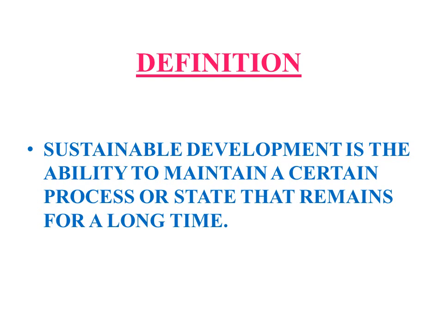Sustainable development is the ability to maintain a certain process or state that remains for a long time. It means to make the world a better place for everyone without destroying the possibilities for the next generations.